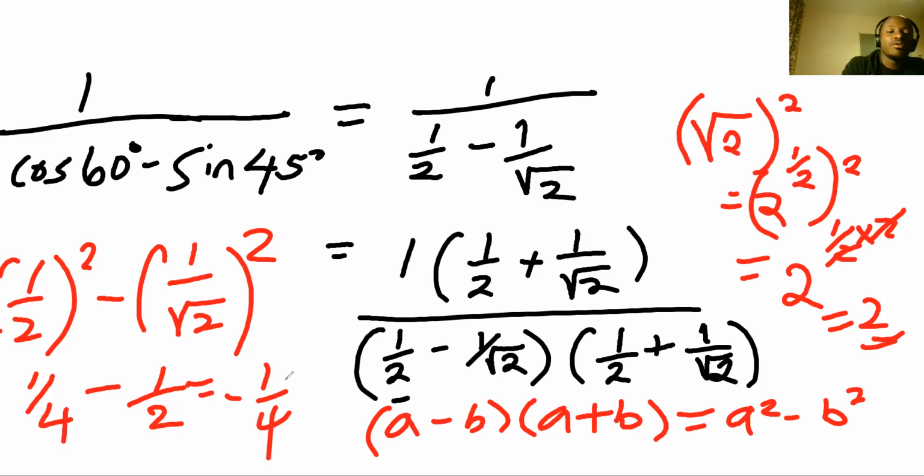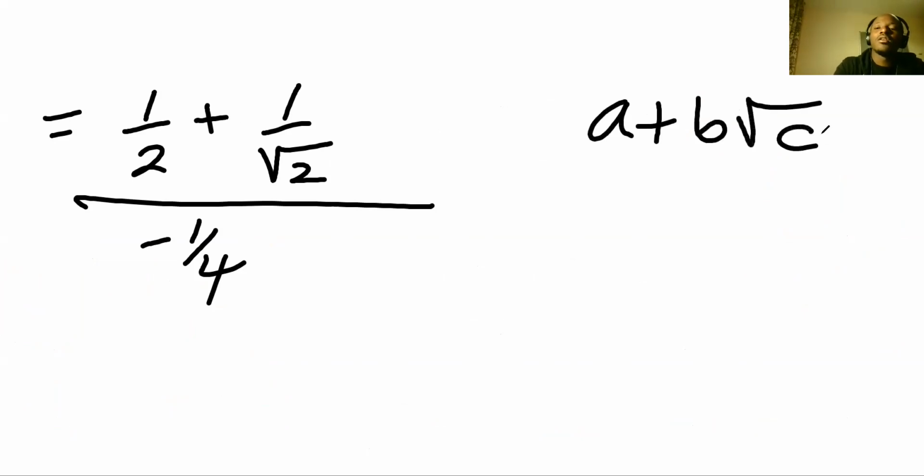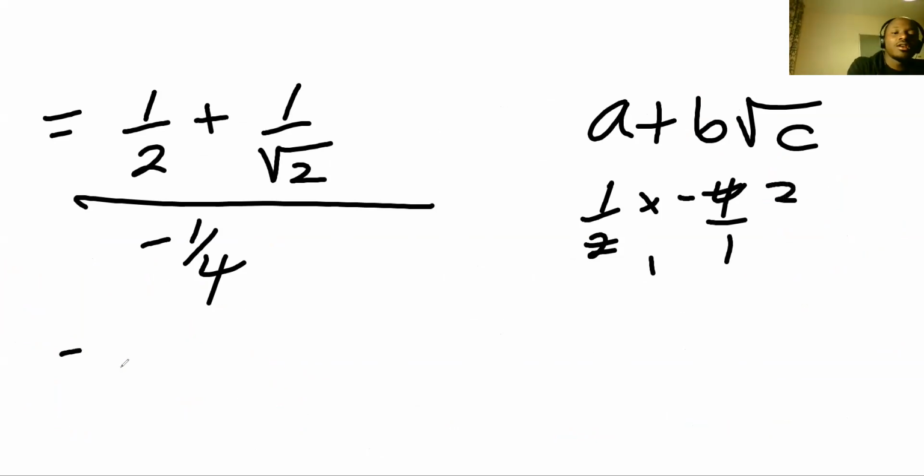So the denominator will be negative a quarter. Remember, the answer is needed in the form a plus b root c. So divide a half by negative a quarter. It will be times negative 4 over 1, so this will be negative 2.